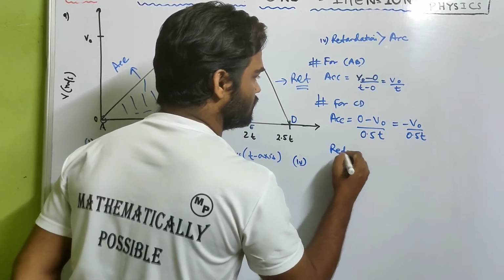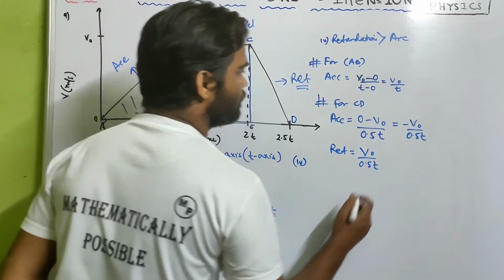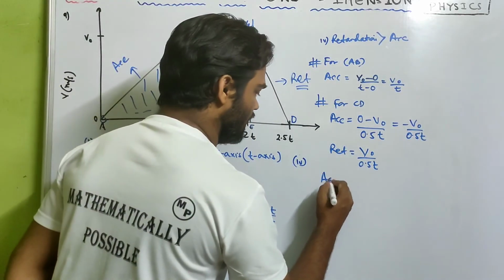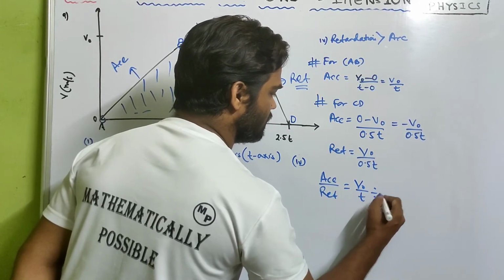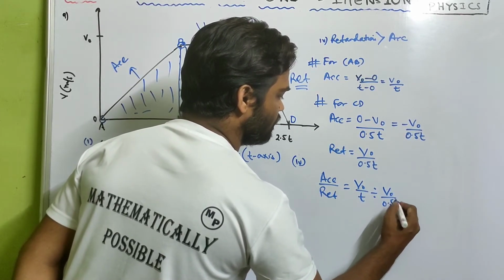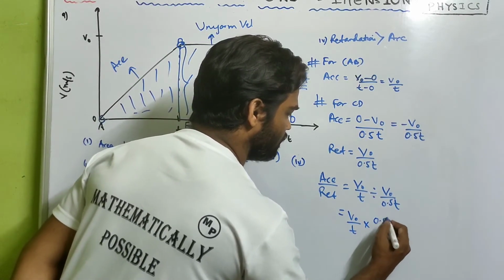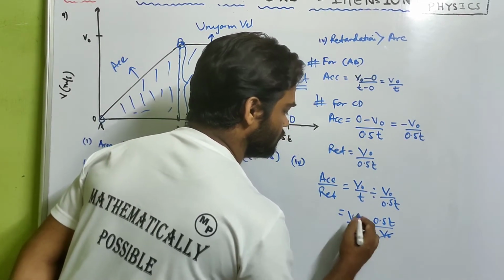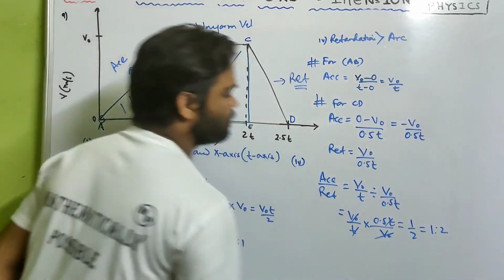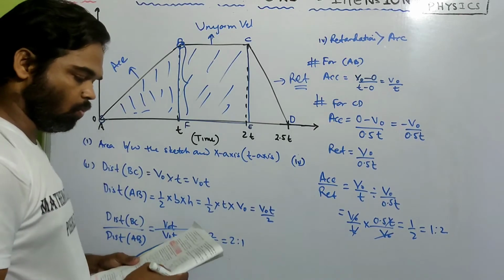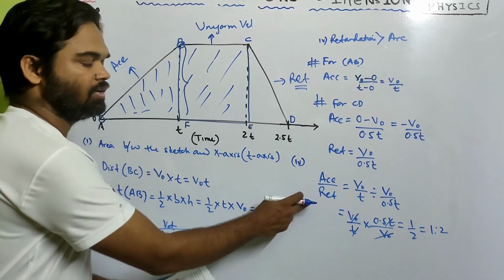So your retardation is negative of acceleration, which is v0 by 0.5t. Divide the two. So acceleration to retardation, you'll get v0 by t divided by v0 by 0.5t. That is v0 by t multiplied by 0.5t by v0. So that's 0.5, which means half. So the ratio is 1:2. Compare the magnitude of acceleration and retardation is 1:2.